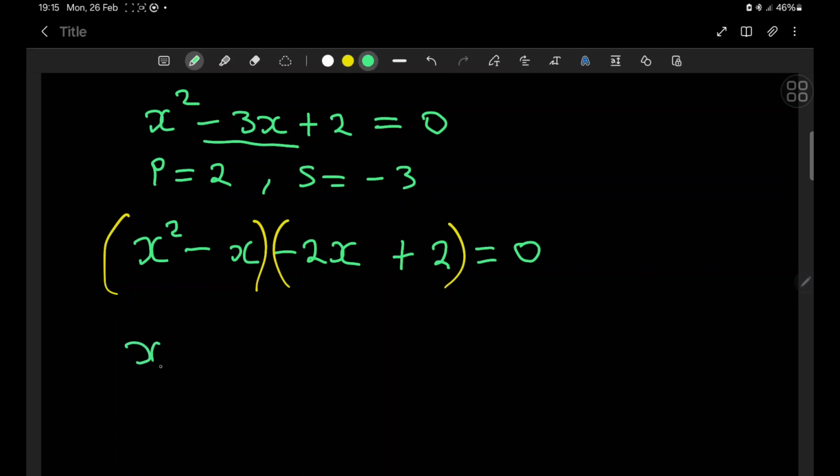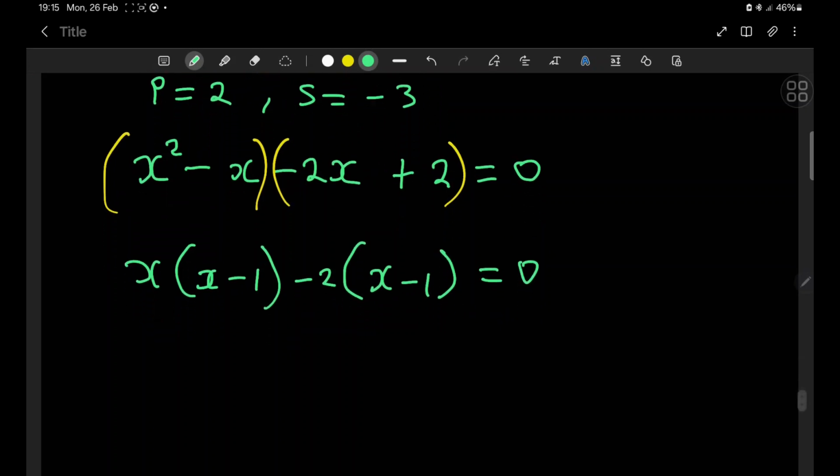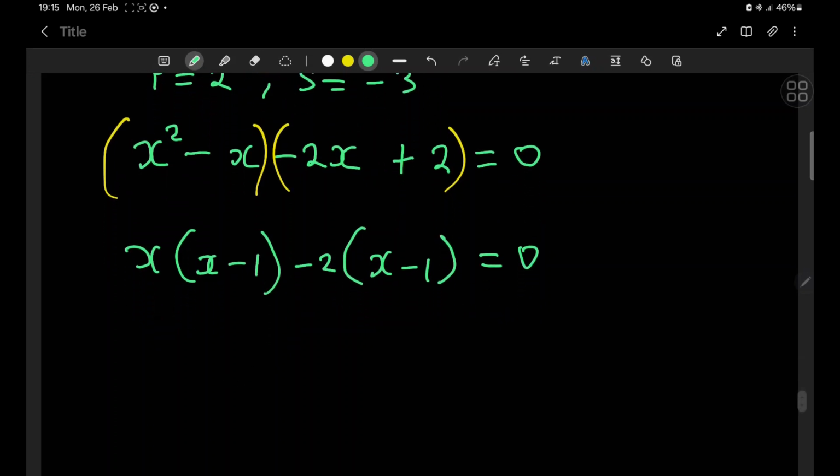So we have x being common, then x minus 1. On the other side, if we factor out -2, we have x minus 1 equal to 0. Then we factorize again, so we have (x minus 1)(x minus 2) equal to 0.